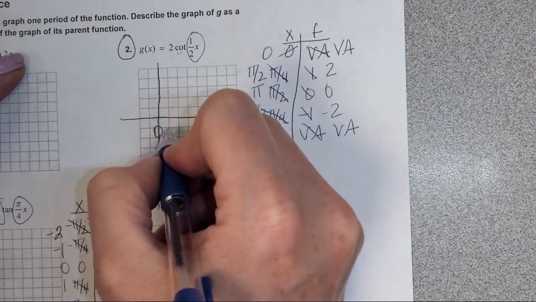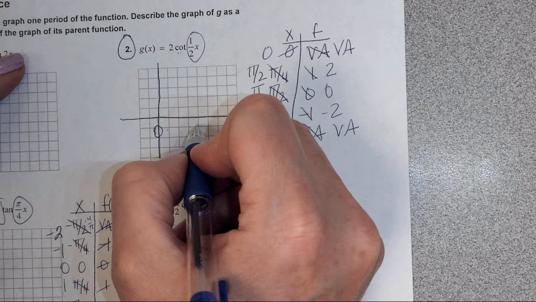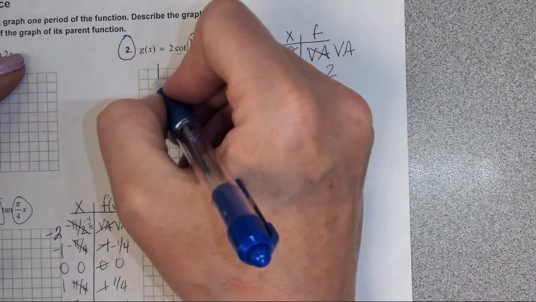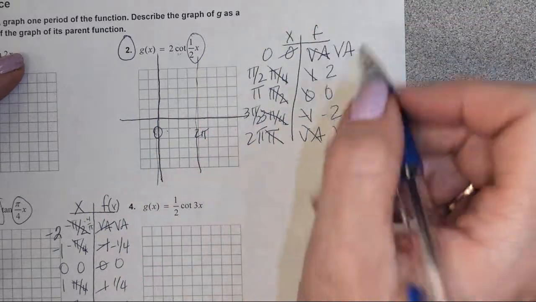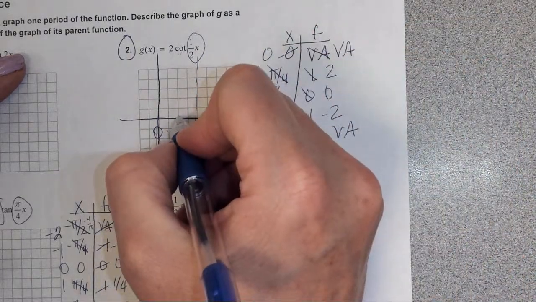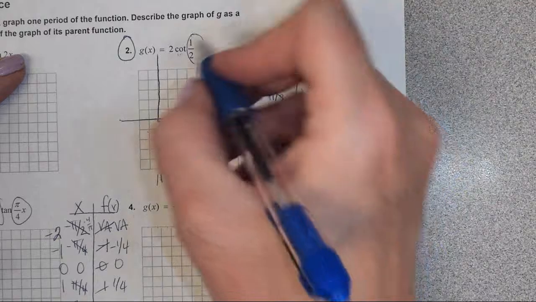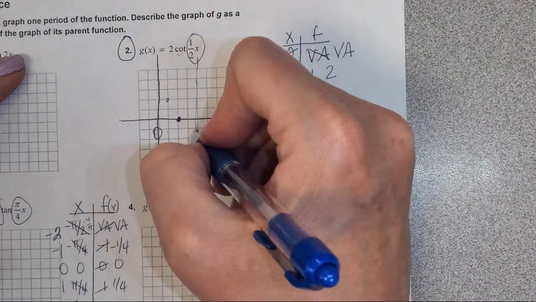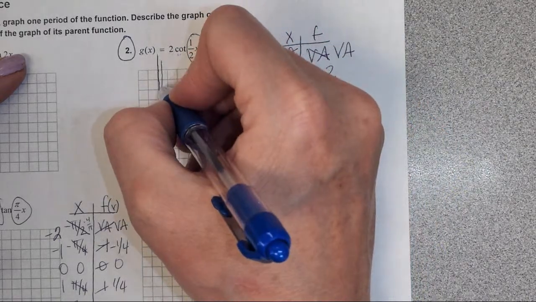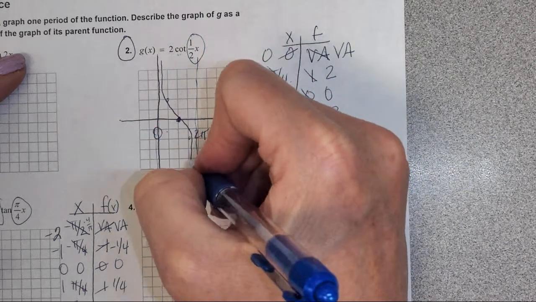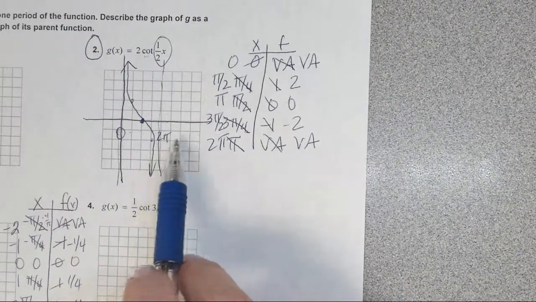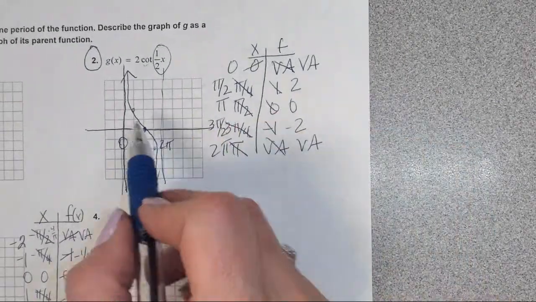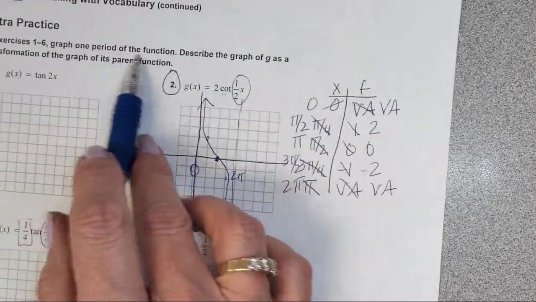So here's 0, there's pi over 2, pi, 3 pi over 2, 2 pi. So I know right here is going to be my x-intercept. Here's this point, and here's this point. And what's supposed to happen with this curve? It's supposed to be going up or down? And it is, right? So that's the way that should look. I graphed one period, which is what the directions say.